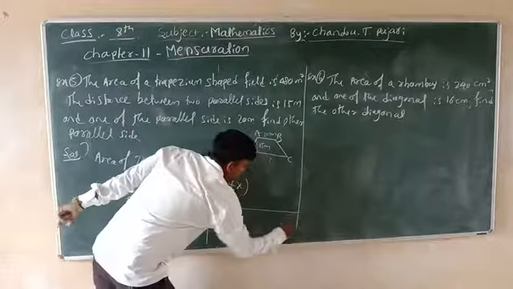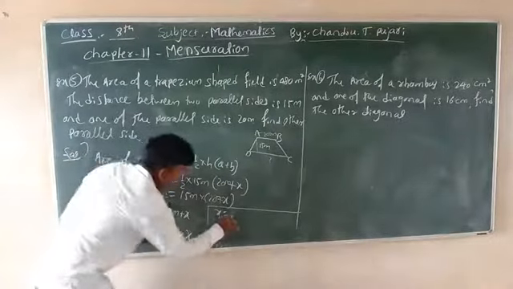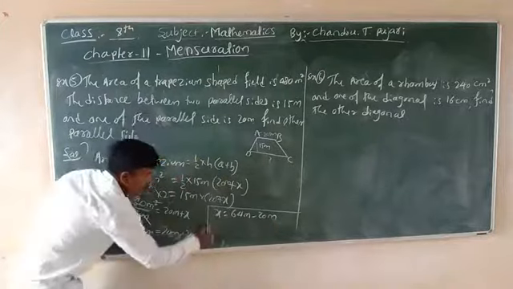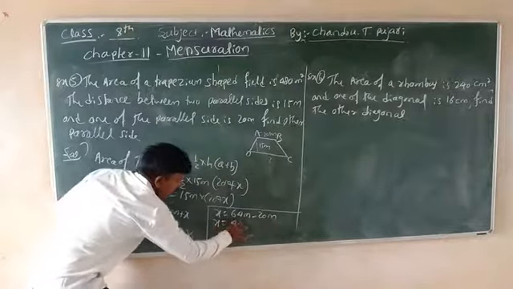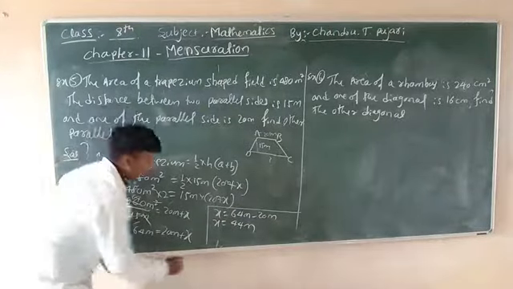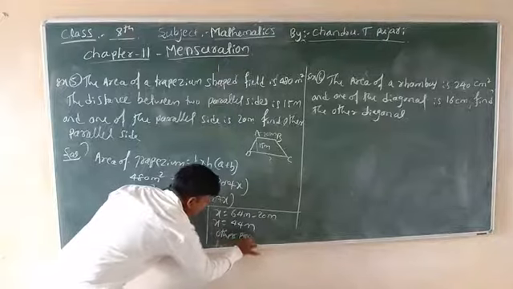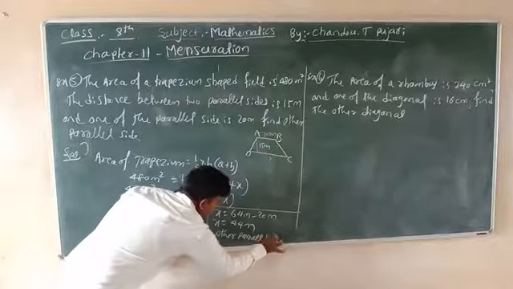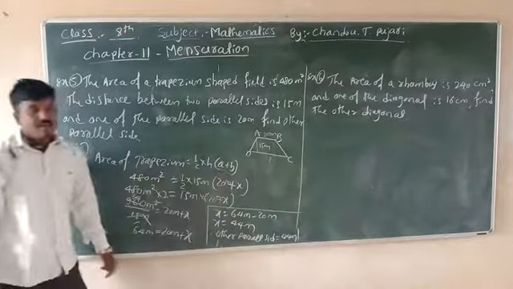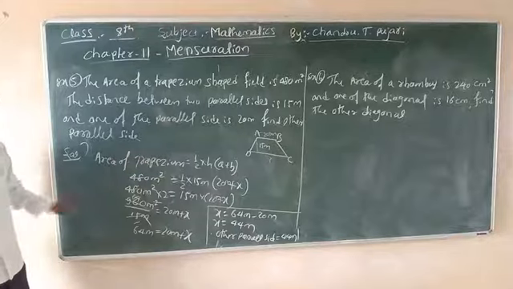Therefore x value is 64 meter minus 20 meter, which is 44 meters. So x, the other parallel side, is equal to 44 meter. This is your solution for the trapezium.